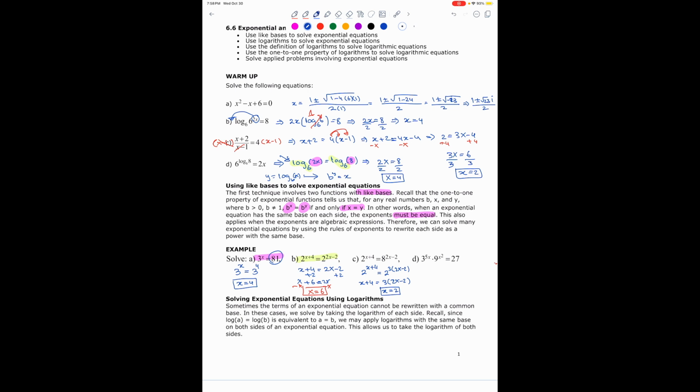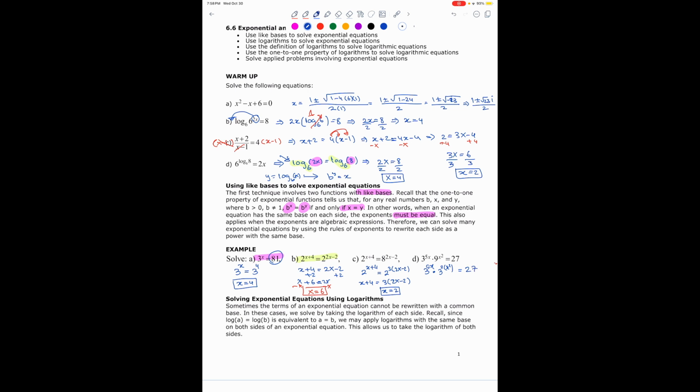Last but not least, I have 3 to the 5x times 9 raised to the x squared equals 27. I'm going to rewrite the left-hand side, so 3 to the 5x times, I know that I can write 9 as 3 to the 2nd power. So 3 to the 2nd power times x squared, and then the right-hand side is going to be 27.